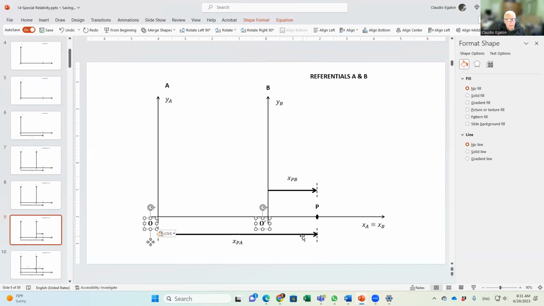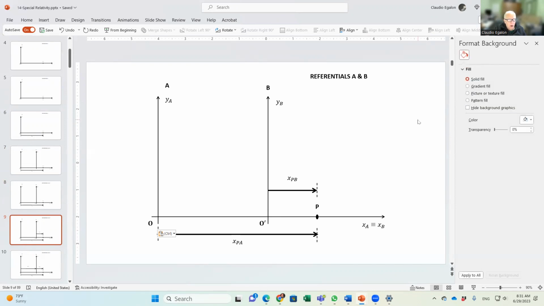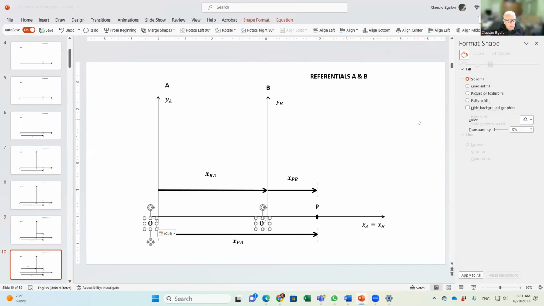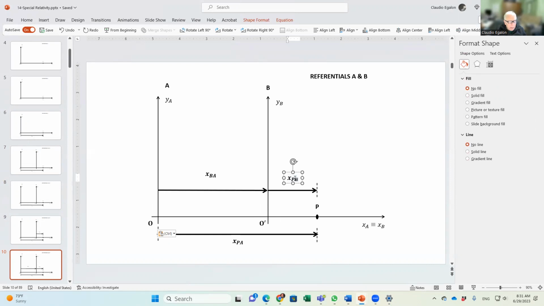And that's going to be the vector position of point P with respect to B. And we must have the vector position of the origin of referential B with respect to referential A. See how the notation goes? Whatever goes at the end here is making reference to the referential. Here I'm making reference to the referential B. Here I'm making reference to the referential A and referential A as well.